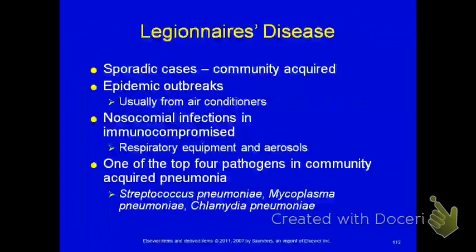So nosocomial infection usually happens among the immunocompromised because of contaminated respiratory equipment and aerosols. It is one of the top 4 pathogens in community-acquired pneumonia. So what are these? These include Strep pneumoniae, Mycoplasma pneumoniae, Chlamydia pneumoniae, and the fourth one is Legionella pneumophila.